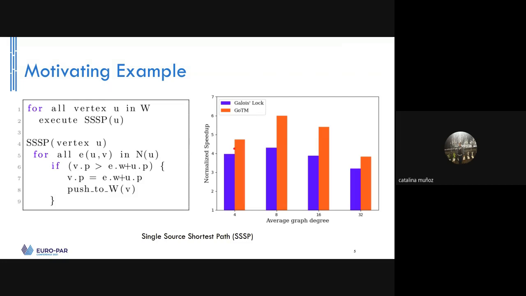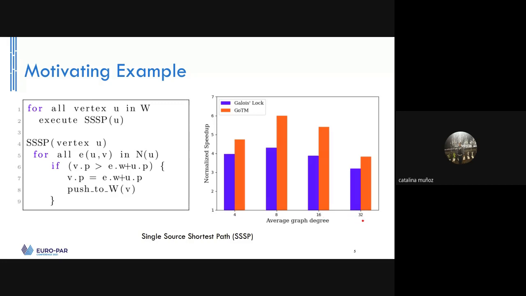So it has all these constructs and functions to facilitate that for the programmer. So we compare Galois locking mechanism with ours. Ours is the red one, and we execute with different workloads with different degrees.